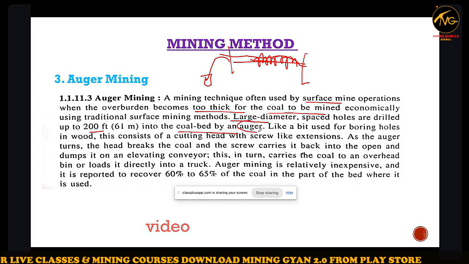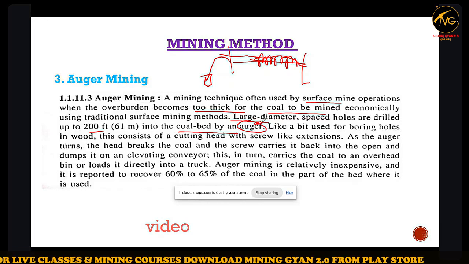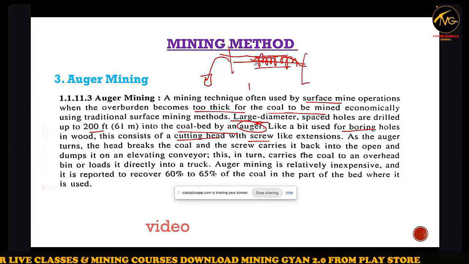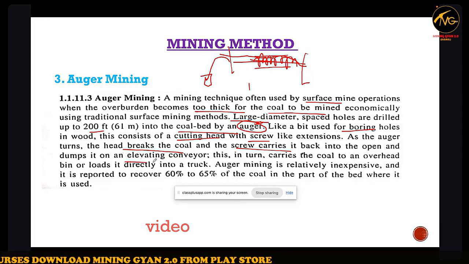You have seen the video of the auger drill, like a bit used for boring holes in wood, consisting of a cutting head with a screw. In that video the auger has a screw-like structure, so it will break the coal, and the screw carries it back into the open and dumps it onto the elevator conveyor.